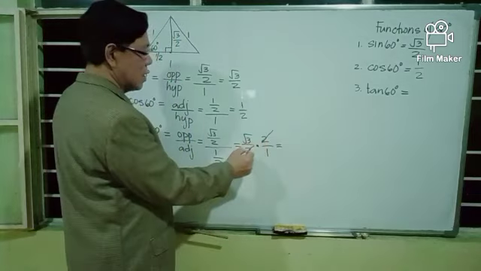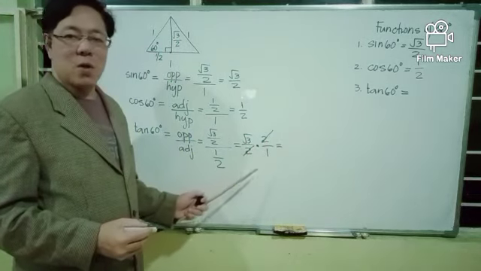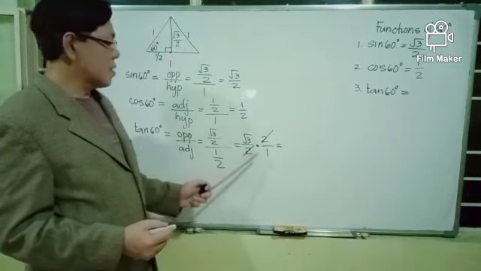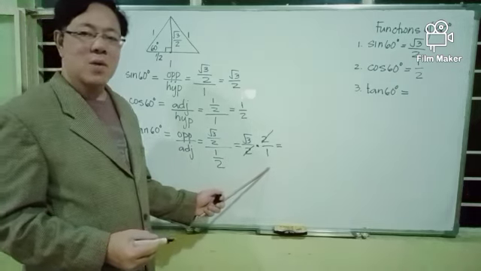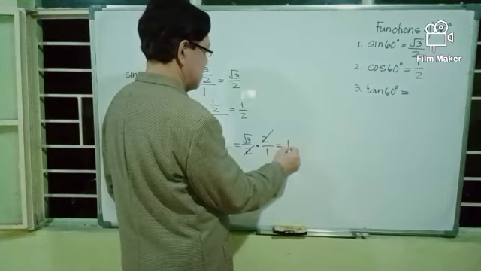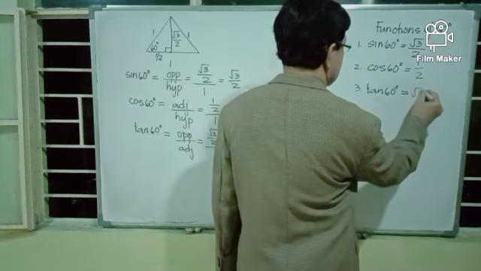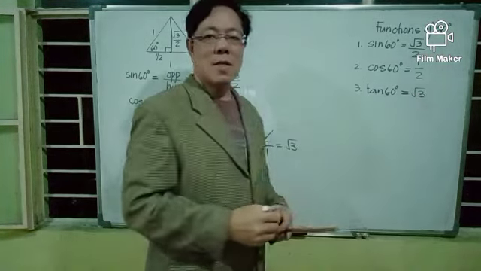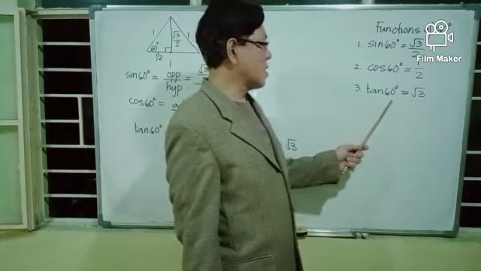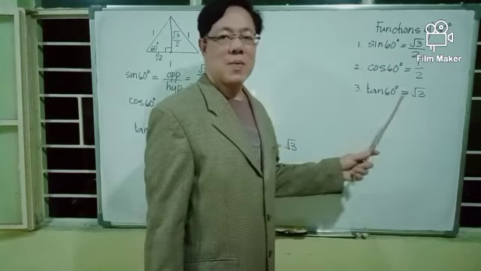And 2 will cancel out because 2/2 is 1. Square root of 3 divided by 1 is square root of 3. Thus, the tangent of 60 degrees equals square root of 3.